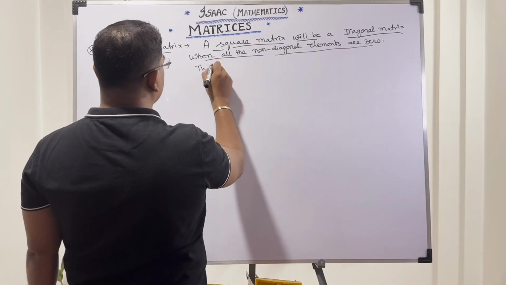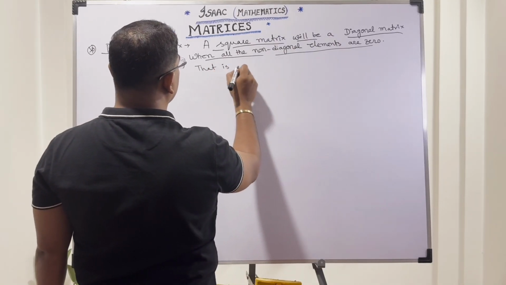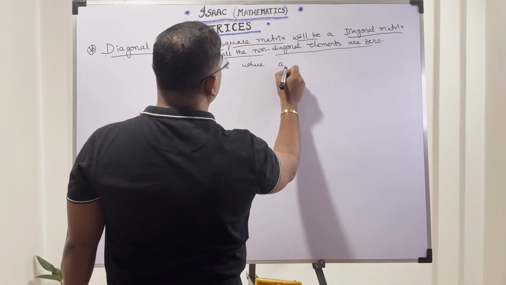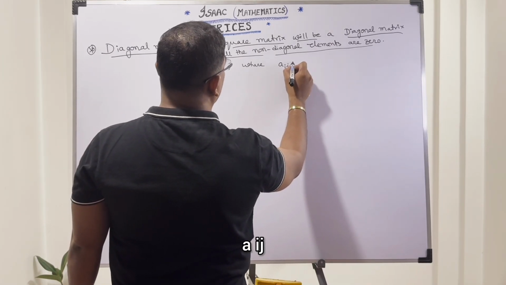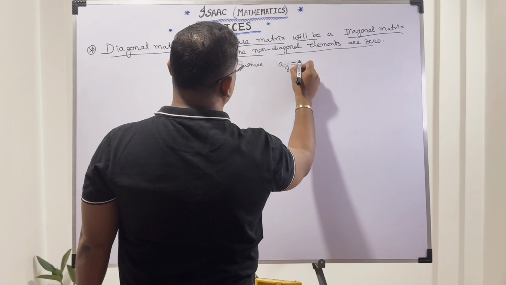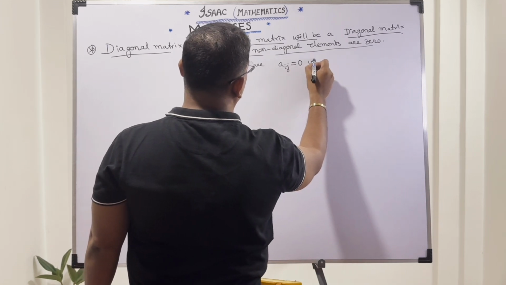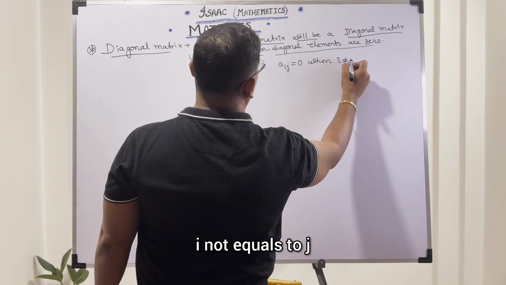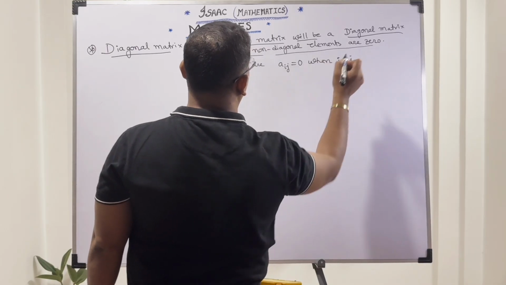That is, Aij equals 0 when i is not equal to j.